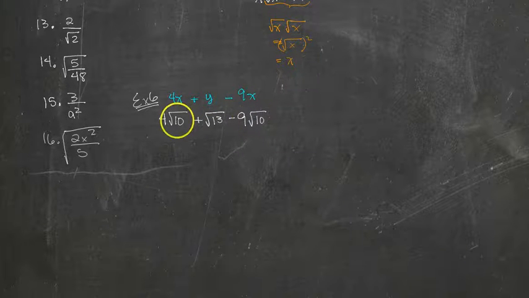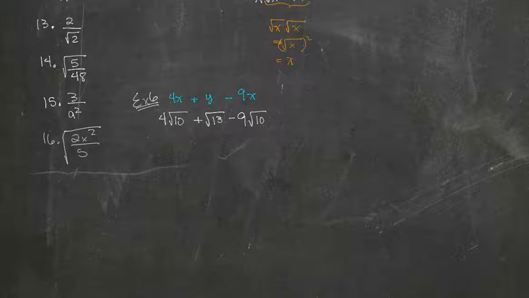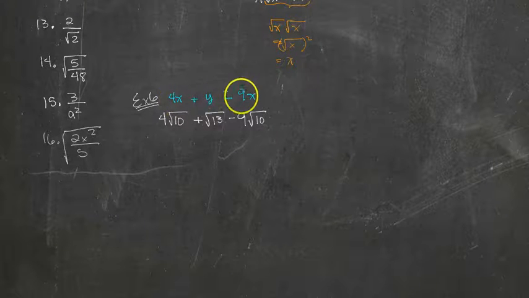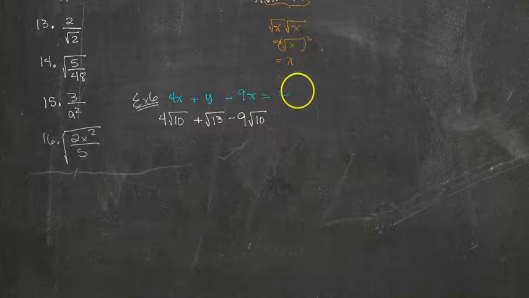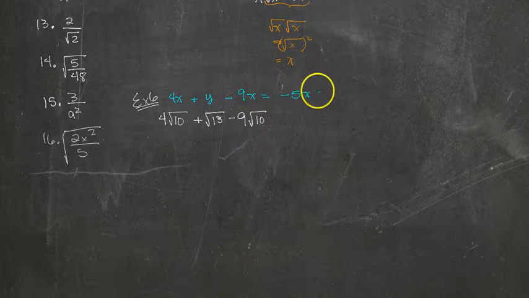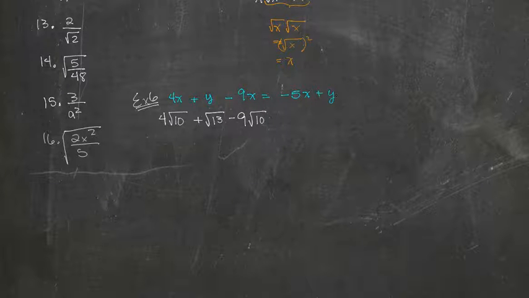So adding and subtracting radicals is really the same thing as adding and subtracting with variables. You have to have like terms before you can combine them. So with 4x plus y minus 9x, you would subtract 9 from 4 to get minus 5x, and the y doesn't combine with anything, so it stays in the problem.